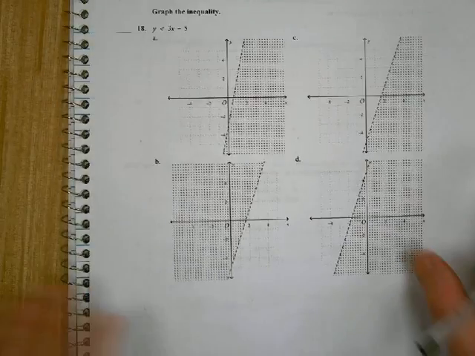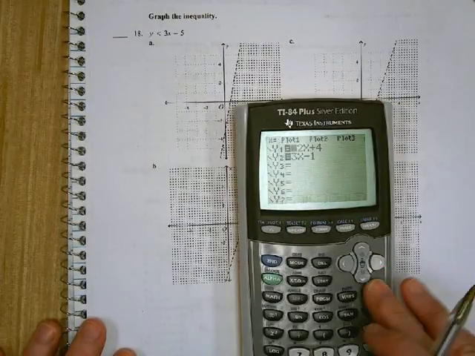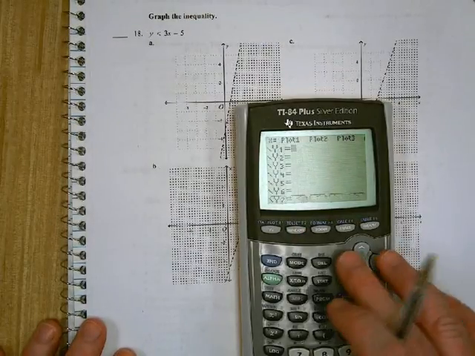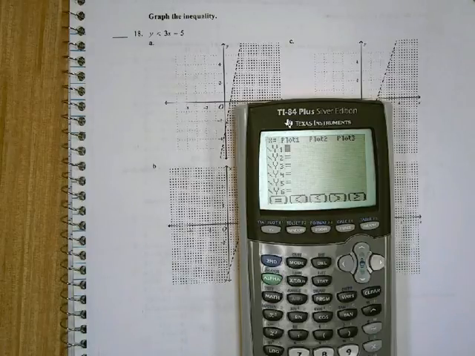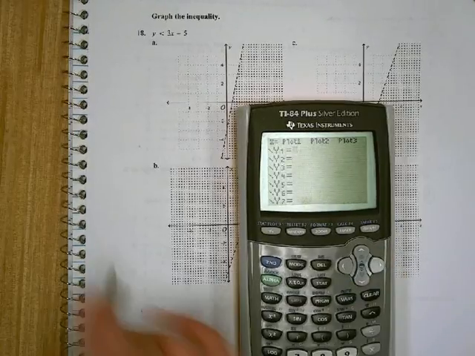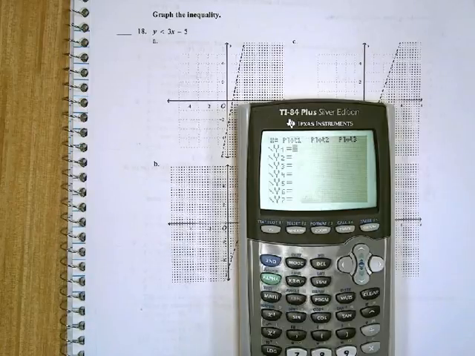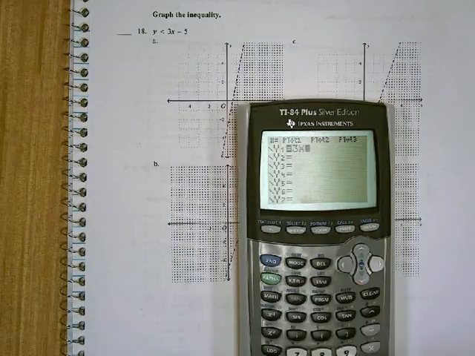Okay, 18. Everybody take your calculator out. We're going to put this in our calculator. It says y, and I'm going to talk about the greater than and less than in just a few minutes. Right now, let's just leave it as y equals 3x minus 5, and we're going to graph it.